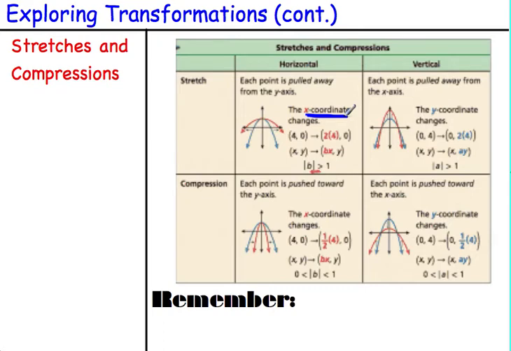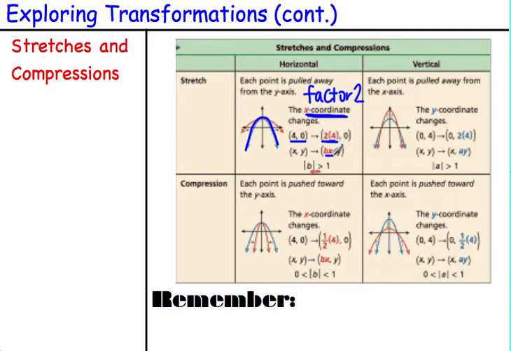Now if we're stretching horizontally, what that's doing is taking those points and stretching them away from the y-axis, which is why this is becoming, if we start off, your original function is this blue one here. For example, if our coordinate is 4, 0, and we have a factor of, say, 2, that means we're going to take that x coordinate, because the x coordinate is going to change.